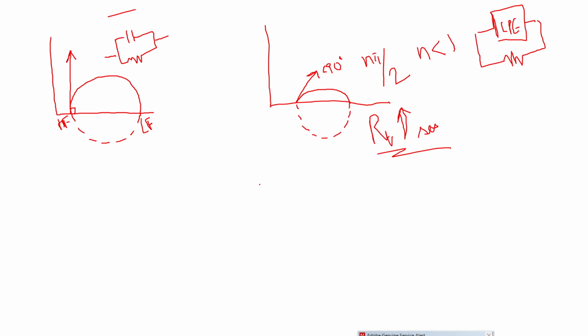So, what is the impedance of a capacitor? That is nothing but 1 by j omega C. Now, what is the impedance of a constant phase element?